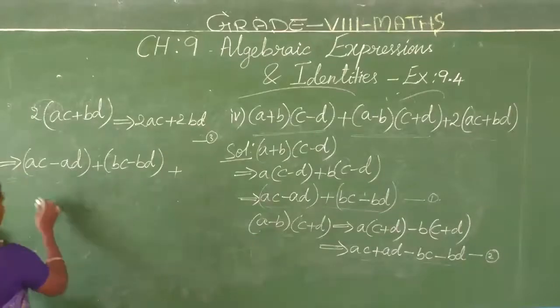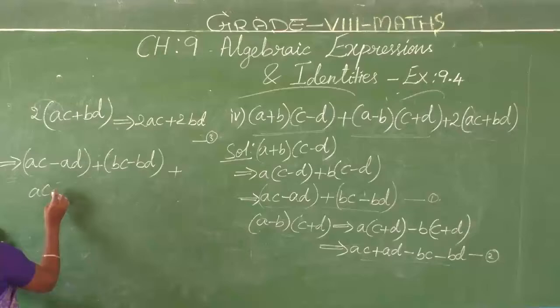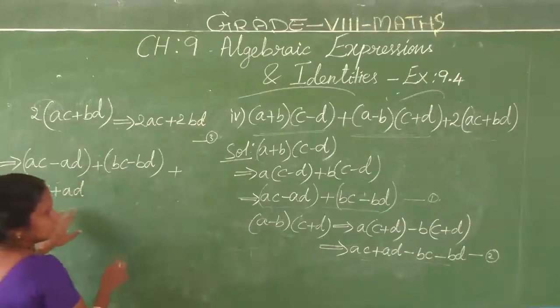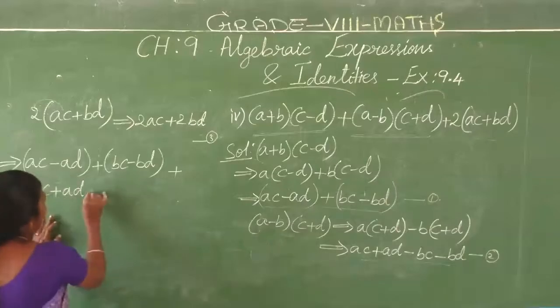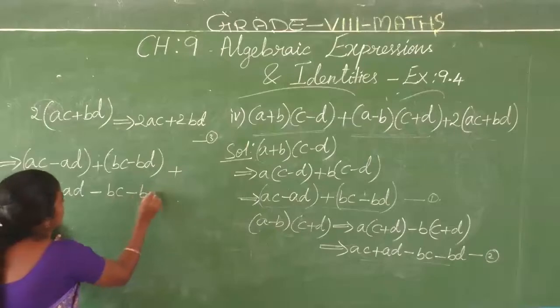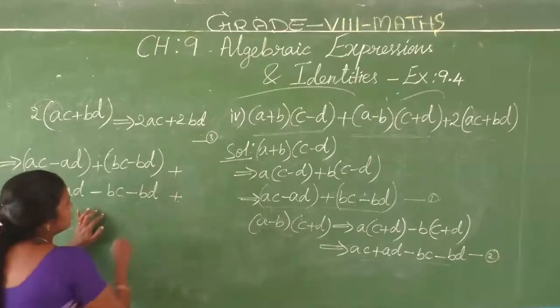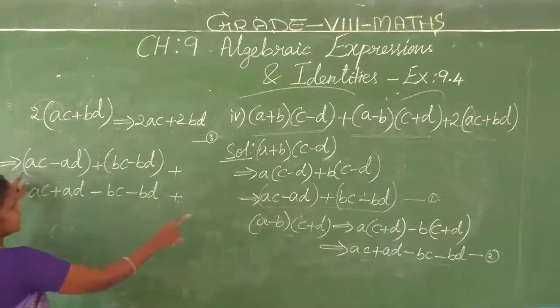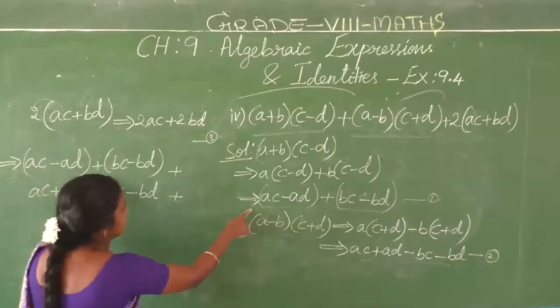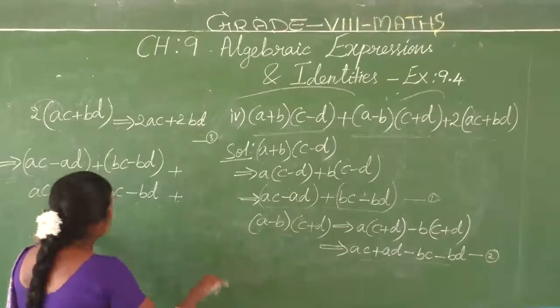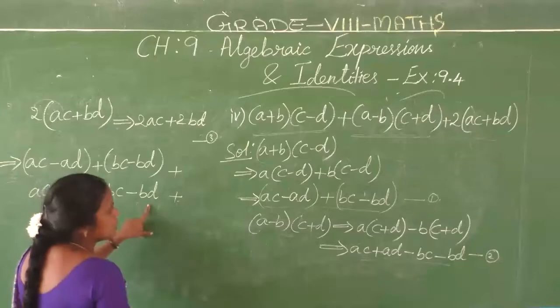Second part: ac plus ad minus bc minus bd. First part answer is ac minus ad plus bc minus bd. Second part answer is ac plus ad minus bc minus bd.